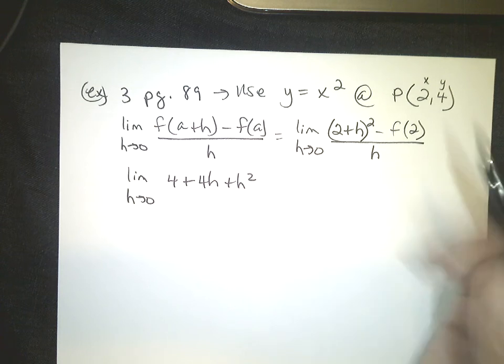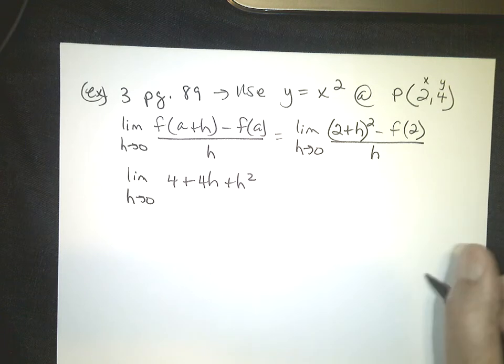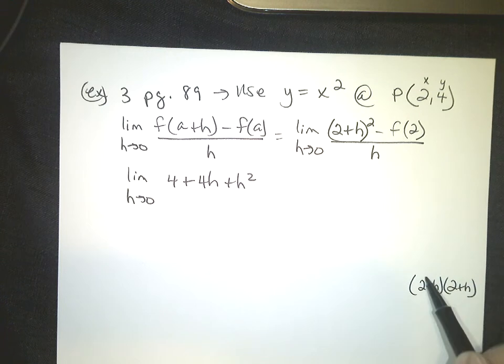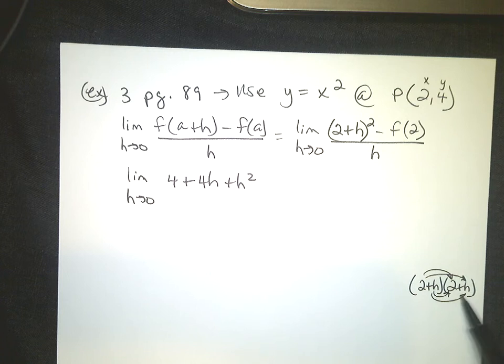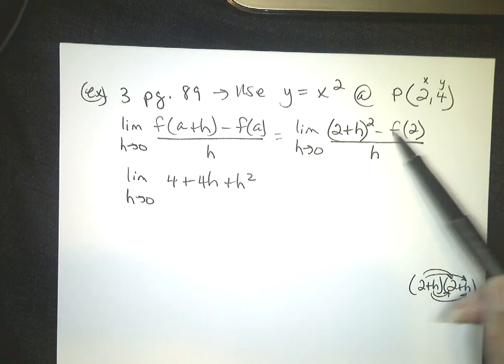Now, if you don't know how I got that, off to the side somewhere, you're going to have to write it out. 2 plus h times 2 plus h, and go ahead and distribute. All right. And then you have to do f of 2.